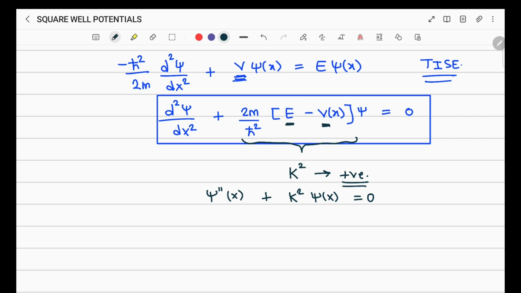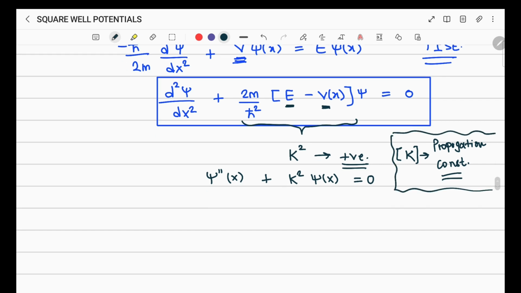If you compare, this k has the dimension of the propagation constant. That is a task I leave up to you. You can compare this easily.